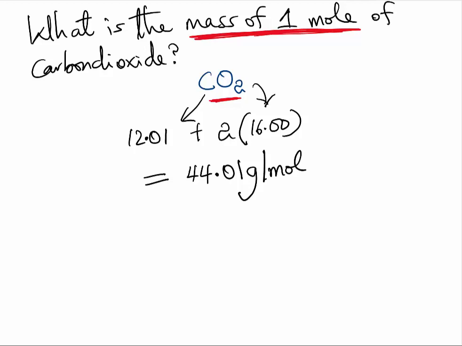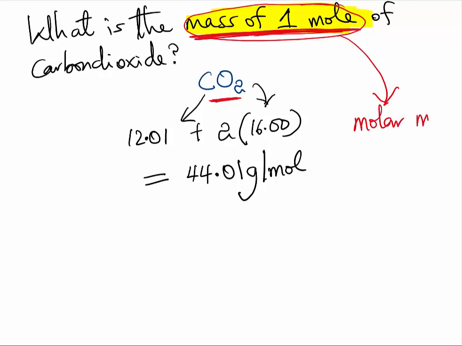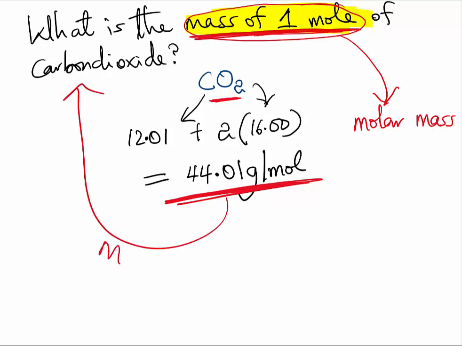This mass of 1 mole has another name, and that is what I actually want you to know right now. Mass of 1 mole is also called molar mass, which means that 44.01 gram per mole is the molar mass for carbon dioxide, and it has a unit of gram per mole.